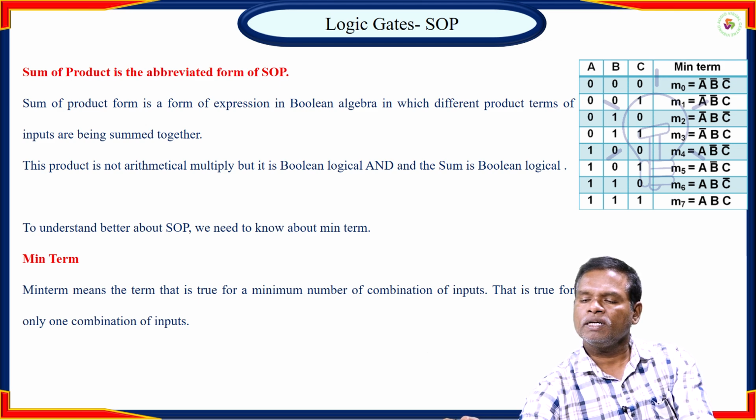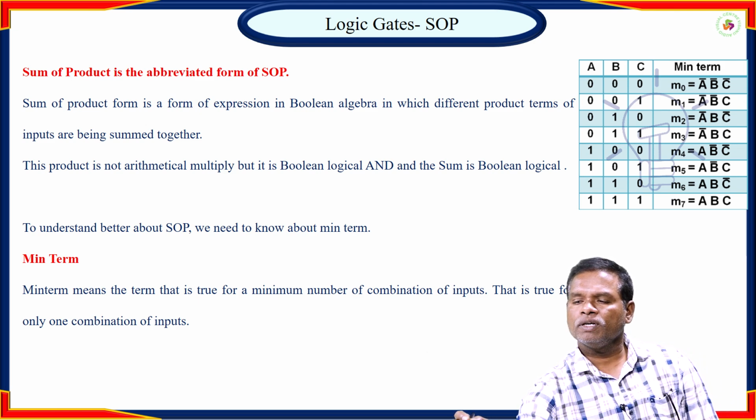The representation is A in normal form since A is 1, B is 0 so complemented form B bar, whereas C is again normal form 1. So A, B bar, C. That is how the different min terms are represented. So a product term is also nothing but a min term.